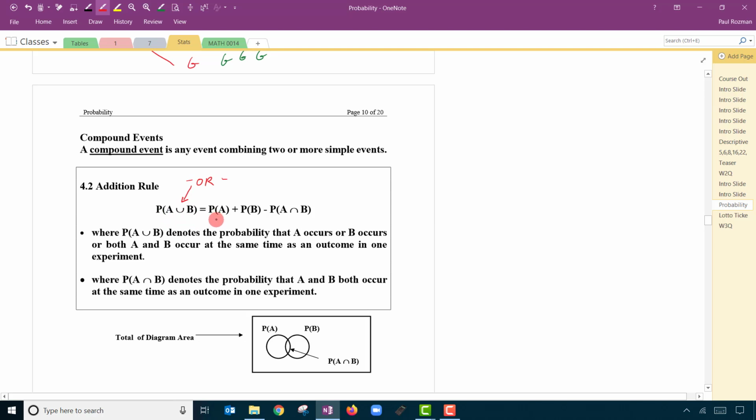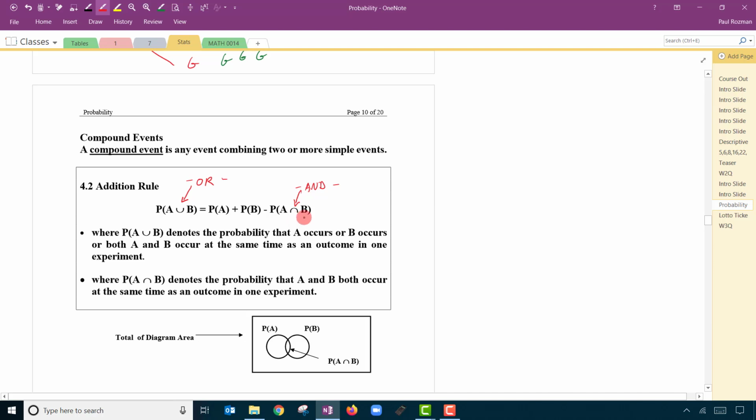It's just a sum: the probability of A plus the probability of B. And then you need to take away the case where both are true. This symbol here is the intersection symbol, and it just reads as AND. So the probability of A or B is equal to the probability of A plus the probability of B minus the probability that they both happen simultaneously.